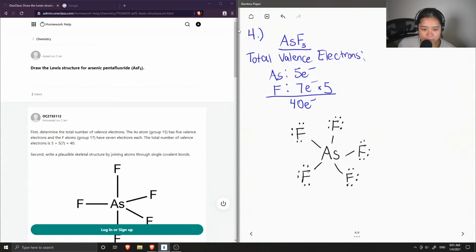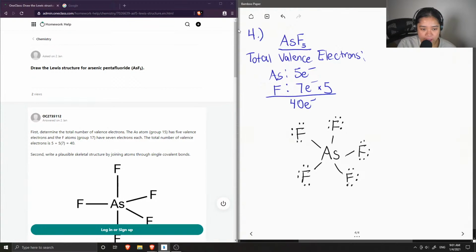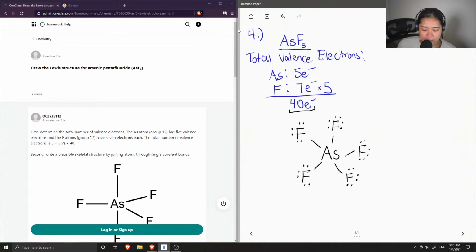So I need 30 more, and each fluorine contains 6 electrons in the form of lone pairs. There are 5, so 6 times 5 is 30. So I have reached my 40 electron count, and I don't need to draw any more. So this is the final Lewis structure for arsenic pentafluoride.